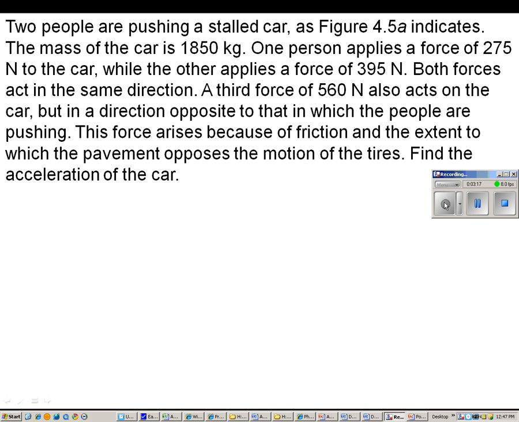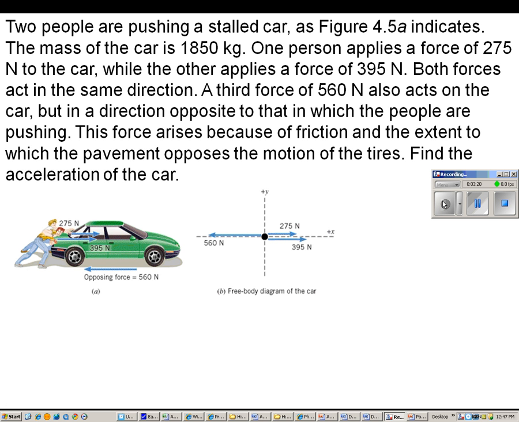2 people are pushing a stalled car, as figure 4.5a indicates. The mass of the car is 1,850 kilograms. Mass is always measured in kilograms. One person applies a force of 275 N, and that's newtons. So the unit we use for force is newtons, while the other applies a force of 395 N, which is newtons.